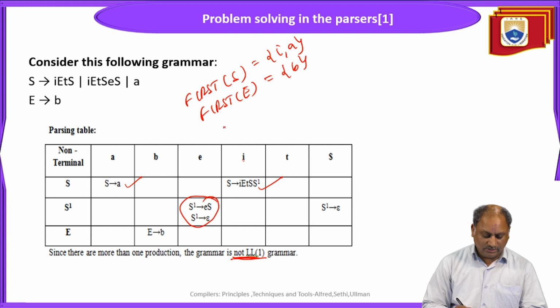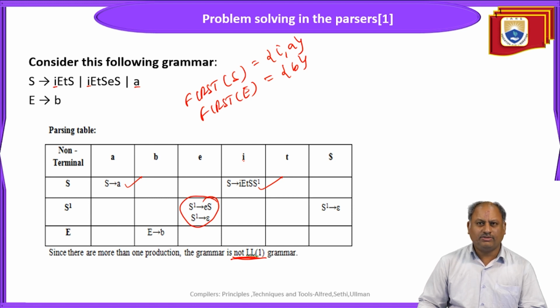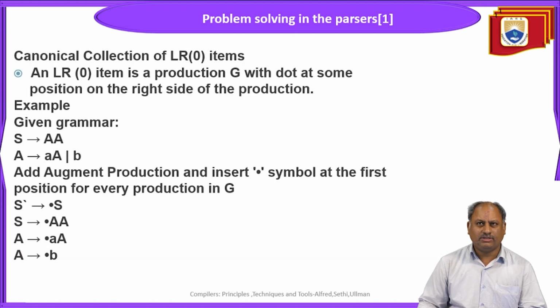If S dash is there, we can obtain the grammar with S dash, E, dollar. So we can write this expression with the first of i followed by this one also i, and this one also E. That's why i comma A is to be written. So if more than one entry is there, then we can say that the grammar is not LL(1).